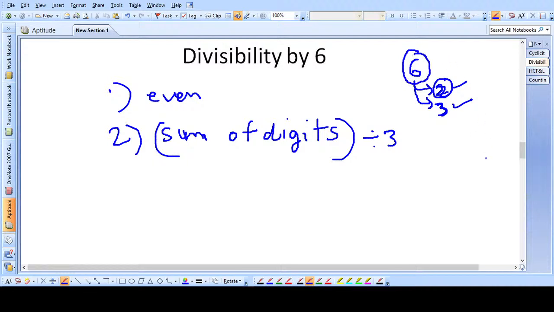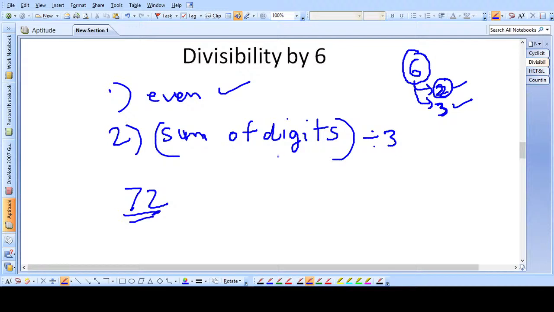Suppose a number is given like 72. If it is asked whether it is divisible by 6 or not, you should know both conditions. Firstly, check for even. Of course 72 is an even number, the last digit being 2 or 0, or divisible by 2.